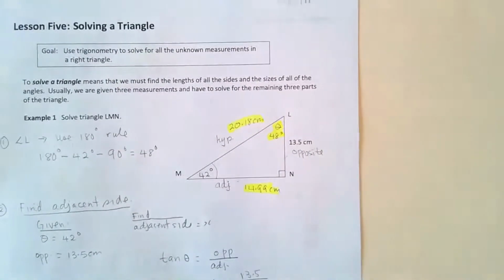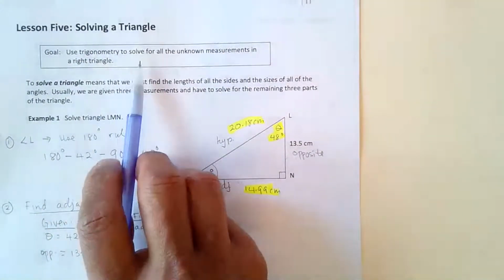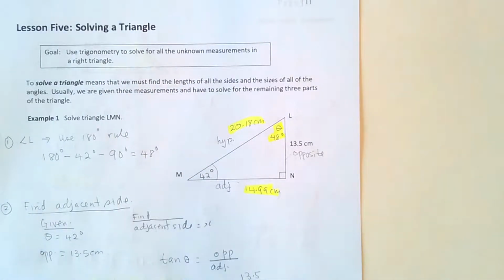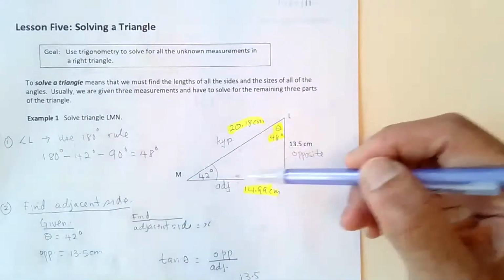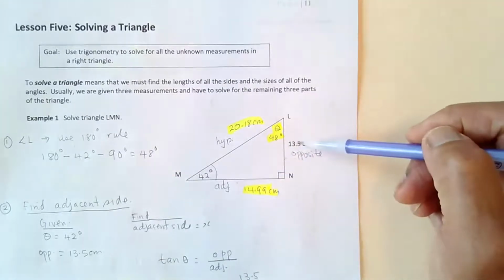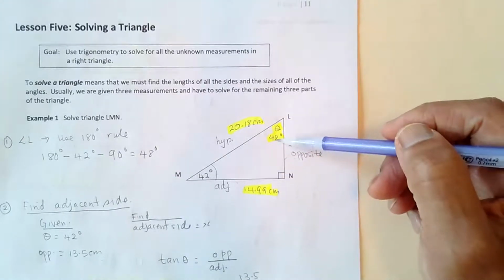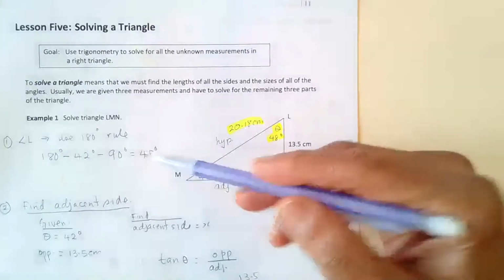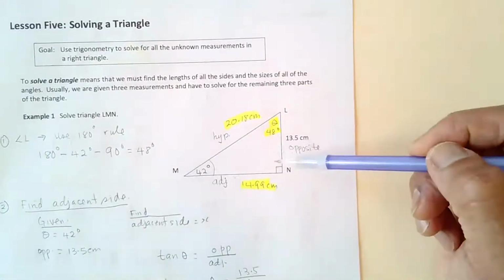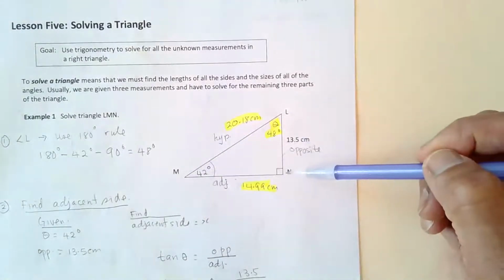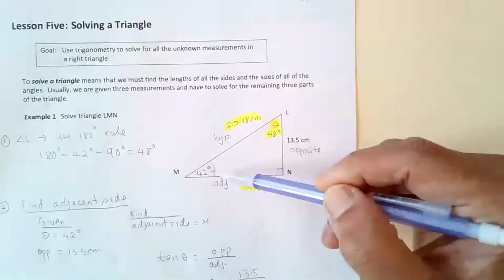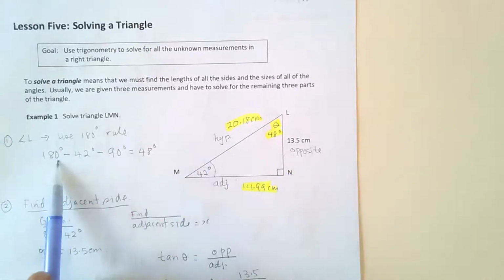Today we used the trig ratio to solve for all unknown measurements in the right angle triangle. So we're given one angle and a side, and we're asked to find the missing angle. So we use the 180 rule. The 180 rule states that if we know two angles, we can find the third angle by subtracting the known angles from 180.